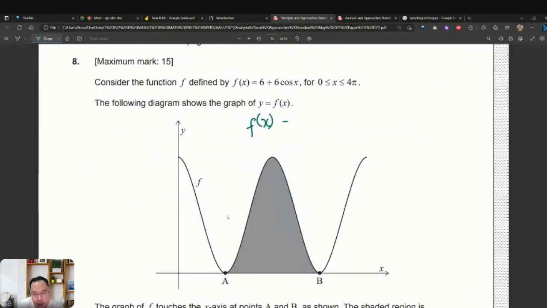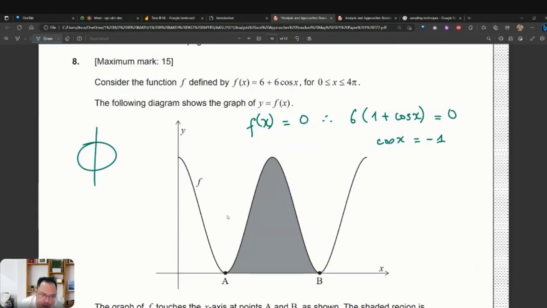f(x) equals 0, which means I can make 6 a common factor: 6(1 minus cosine x) equals 0. So cosine x must be minus 1. When cosine is minus 1, using the unit circle, cosine x is here, minus 1 is here.